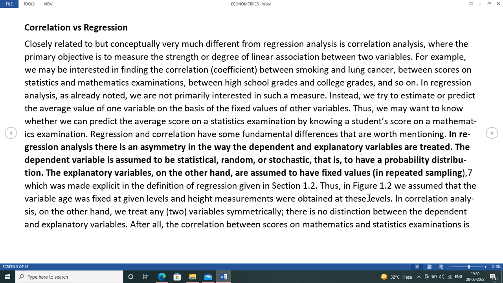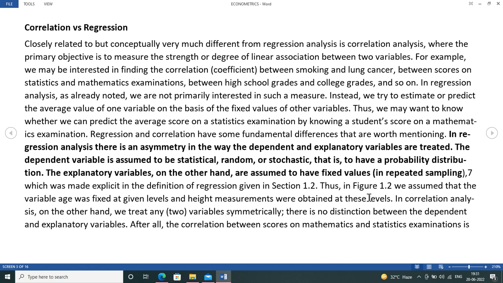You can find that formula on the internet. Correlation measures the strength or degree of linear association between two variables, for example x and y. But this degree of linear association is not measured by regression. Regression just considers whether there is a dependence between the two, so that we can predict the future. In correlation, you are finding the strength or degree of linear association between two variables.